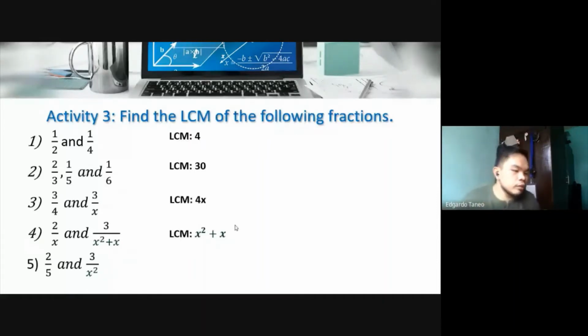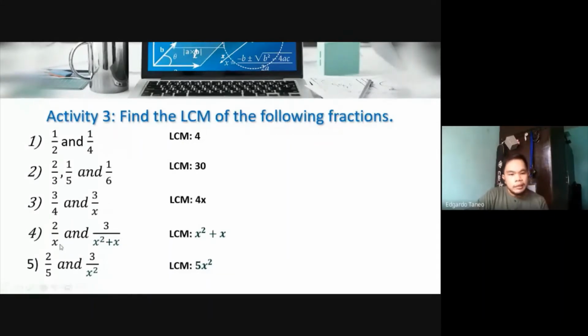Okay, very good, Christine. So the answer is 5x squared. Very good, guys. Again, pinagsama natin yung 5 tsaka x squared because they have nothing in common. When you see two denominators that have nothing in common, especially if they are prime, you have to multiply them to get the least common multiple.